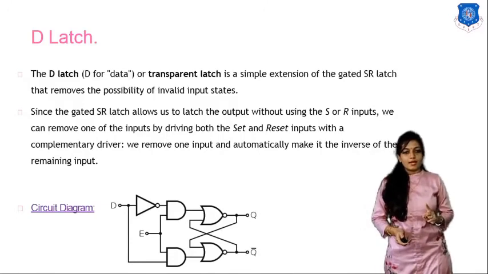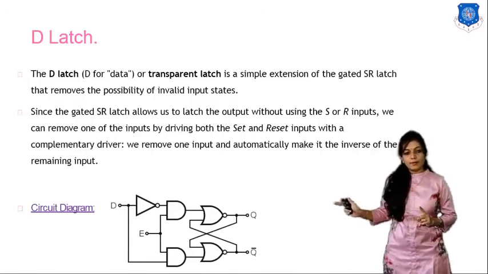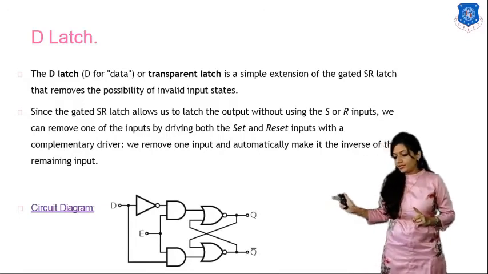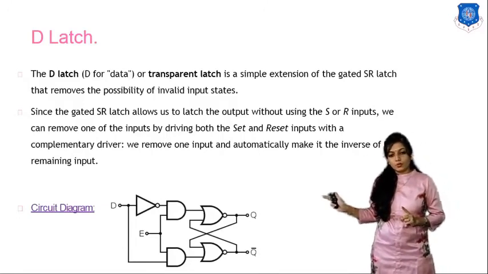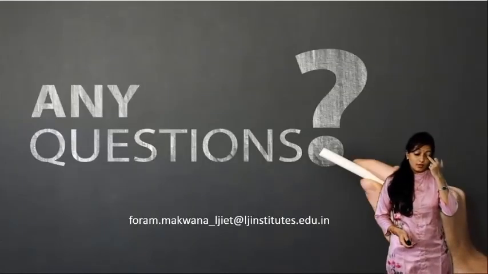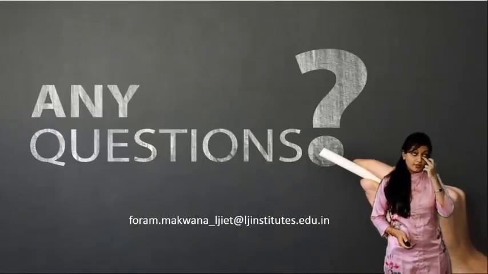Alright. If I am going to apply D is equals to 0, so one AND gate will receive 0 and another AND gate will receive 1. So over here we have done D latch, gated SR latch and the SR latch.